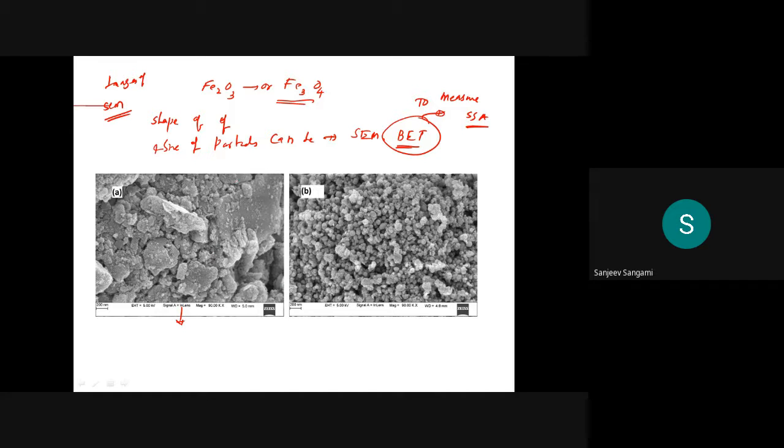I took these pictures to show how exactly the images look like and how the shape of the particles can be determined. So forget about this, this is the raw material without processing. The first one is an image.